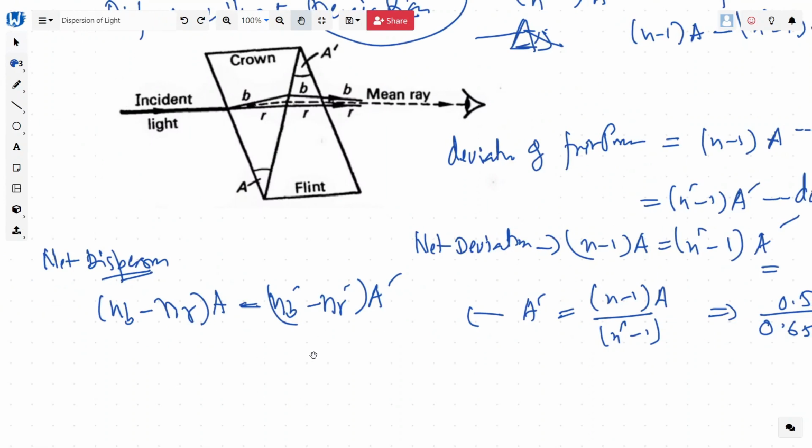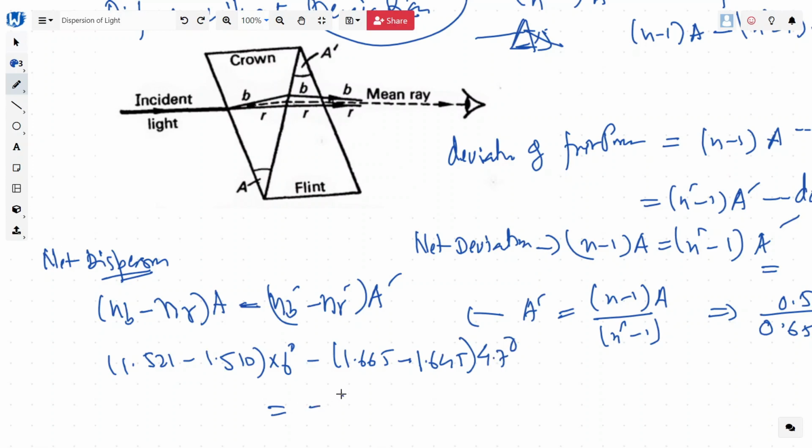So we plug that in. Basically we get (1.521 minus 1.510) times 6 degrees minus (1.665 minus 1.645) times 4.7 degrees, which gives minus 0.028, which means a negative sign, which means in the upward direction.